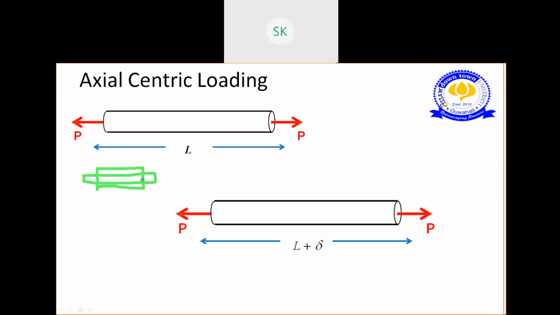If you stretch a spring for some time, it will regain its shape. But suppose this was your original spring. When you stretch it for many days, after some time your spring will become like this. It gets stretched out. In the same way, suppose the original length of this bar is L. When you stretch it, it gives another length.